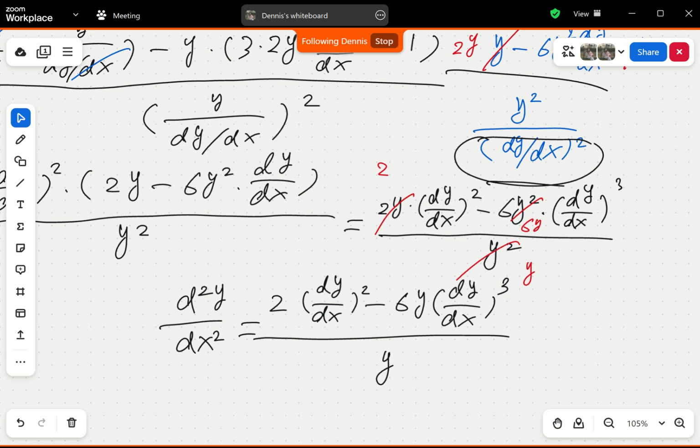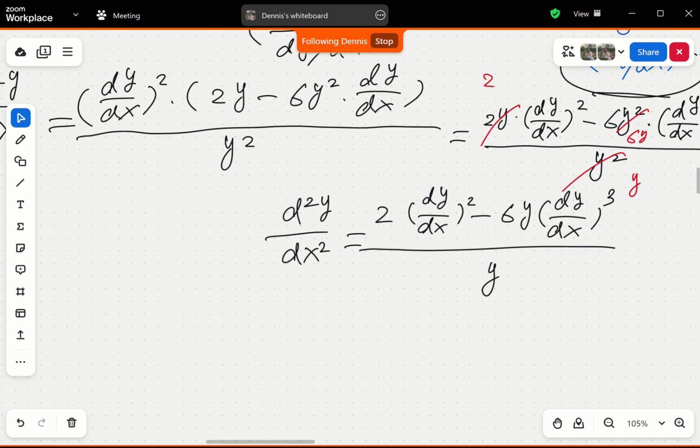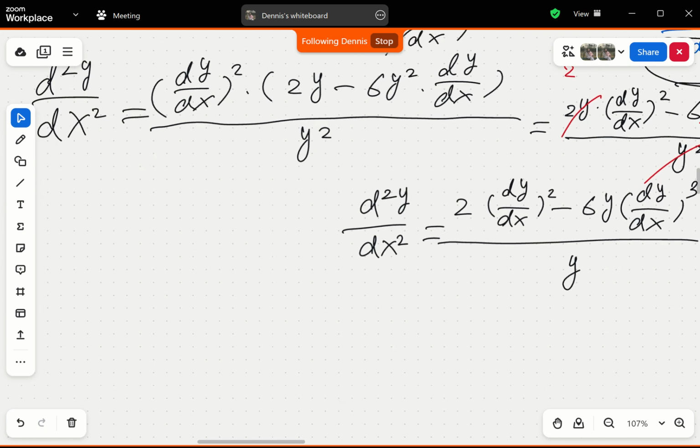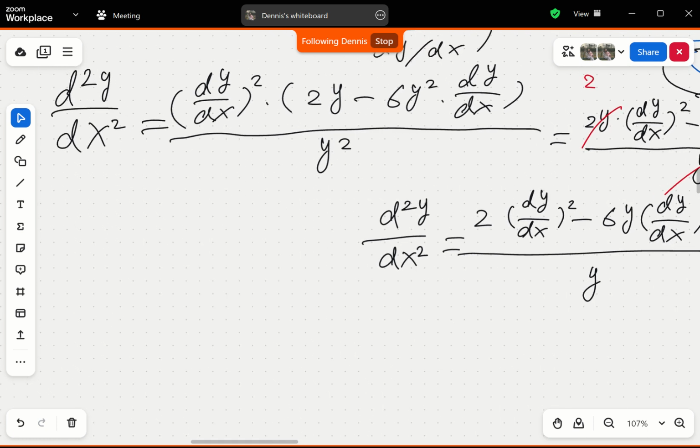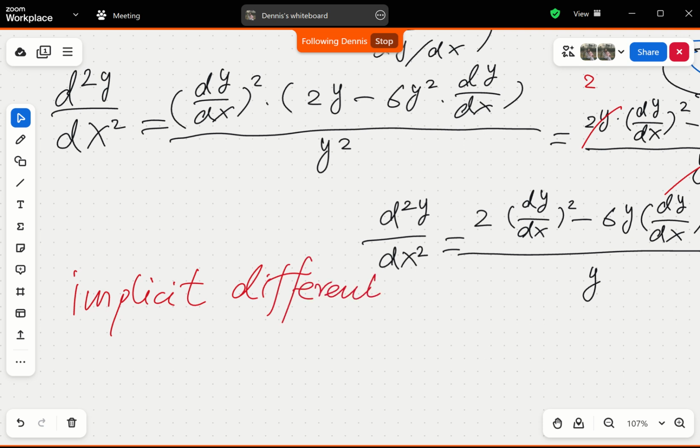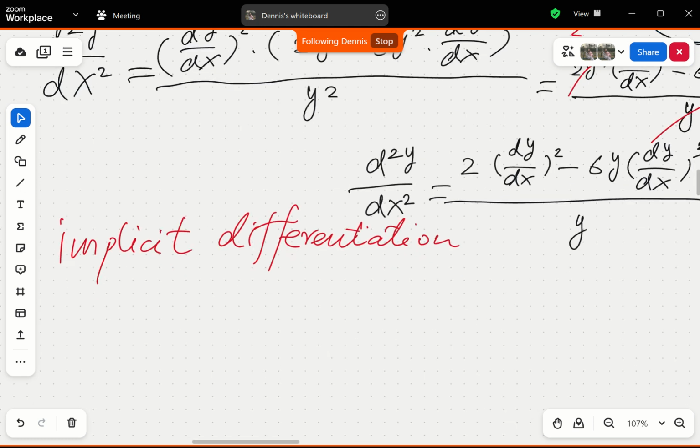Okay, but you can also solve the second derivative of y with respect to x by doing implicit differentiation. Okay, so let's try this one.